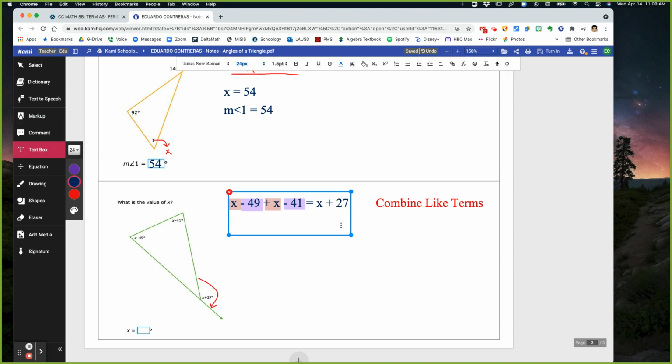Someone already said it's 2x. x plus x is 2x, and then negative 49 and negative 41 is negative 60. No, 90. Yeah, 49 plus 41 is 90. Equals x plus 27. Okay, so combine the like terms.